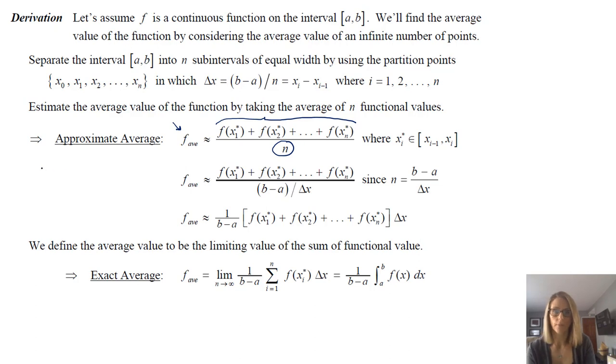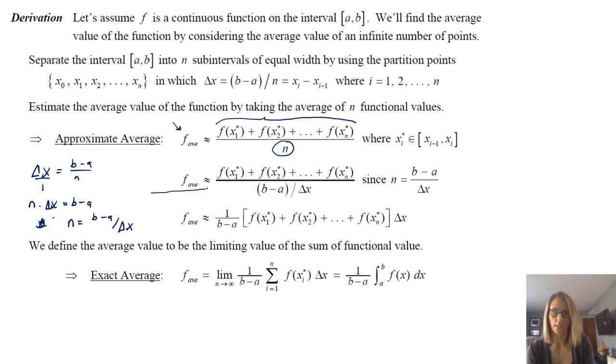But remember that delta x is b minus a over n. So if you do a little bit of algebra, you find that n is b minus a over the change in x.